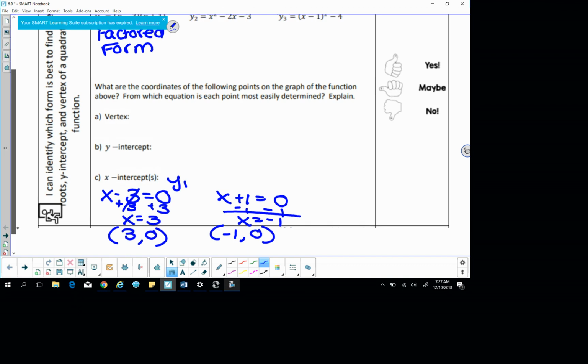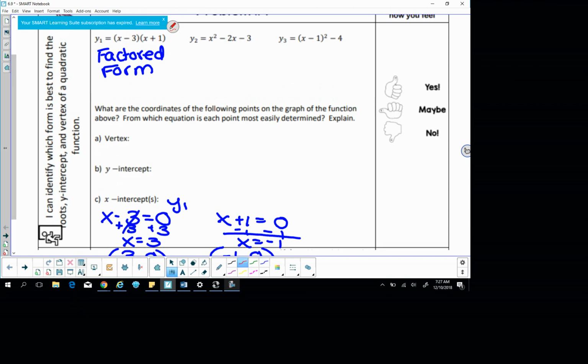What about this middle one? What's this called? What type of form? You got it. Standard form. And so remember, that's when everything's on one side and it's like ax squared plus bx plus c. Which one of these is easiest to get when it's in standard form?